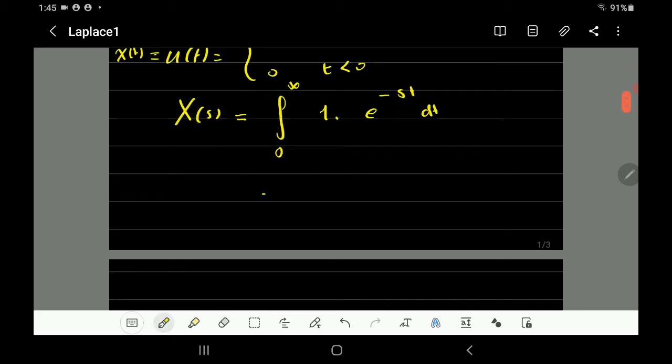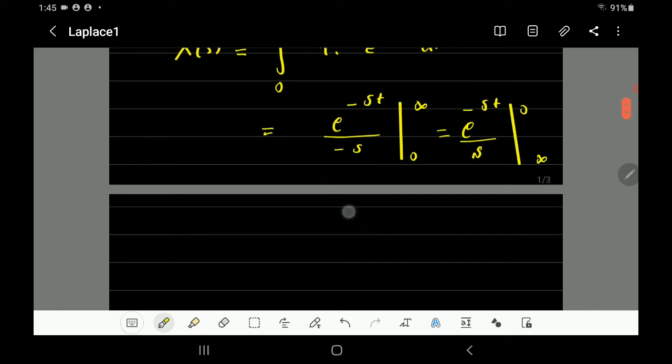Now the integration will be equal to e to the power of minus st divided by minus s, and the limit of integration from 0 to infinity. If you change this sign from negative to positive, you will say e to the power of minus st divided by s, and then you change accordingly the limit of integration.